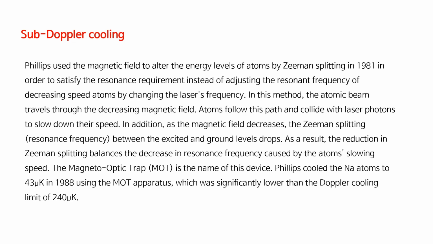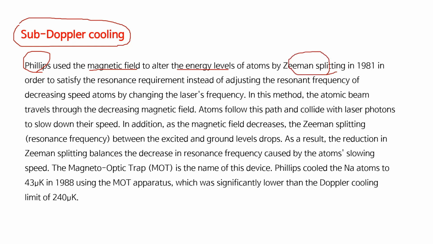Now let's see the sub-Doppler cooling. Phillips used a magnetic field to alter the energy levels of atoms by Zeeman splitting. In 1981, in order to satisfy the resonance requirement, instead of adjusting the resonance frequency of decreasing-speed atoms by changing the laser frequency, in this method the atomic beam travels through a decreasing magnetic field.